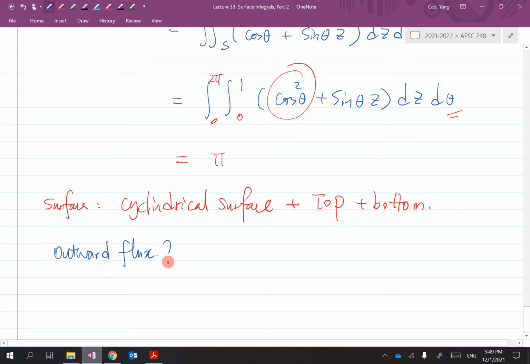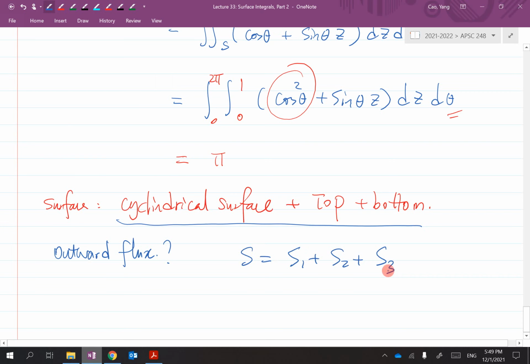Same question, how we calculate outward flux. When you see this kind of question, you've got to identify what kind of surface you're dealing with. If the surface consists of 3 pieces, then you have S equal to S1 plus S2 plus S3.